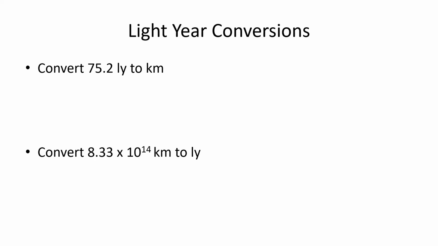Okay, so let's try a few of those conversions. Hopefully you're getting the hang of using your calculator. If I have 75.2 light years and I want to figure out how many kilometers that is, we're going to multiply by the 9.46 times 10 to the 12th kilometers in every 1 light year, right?